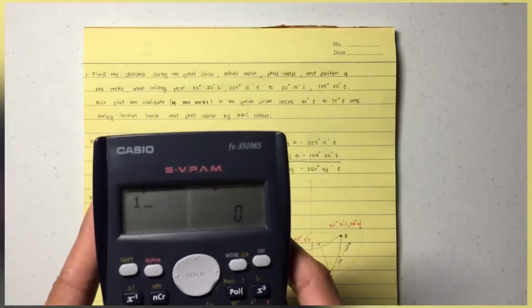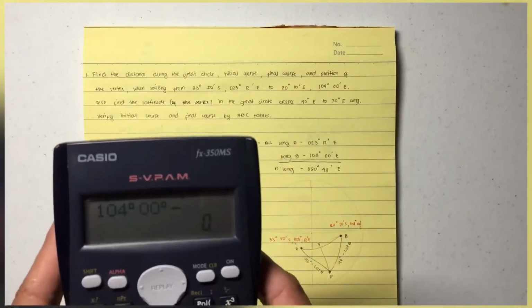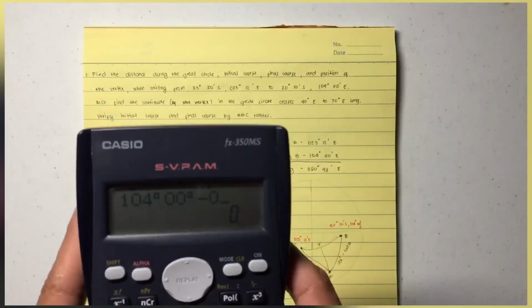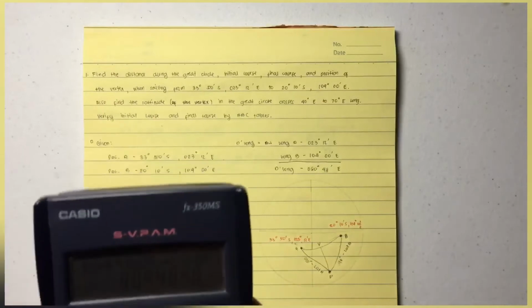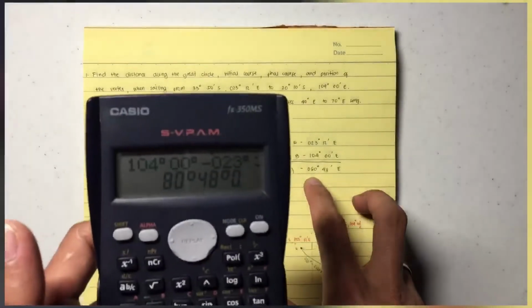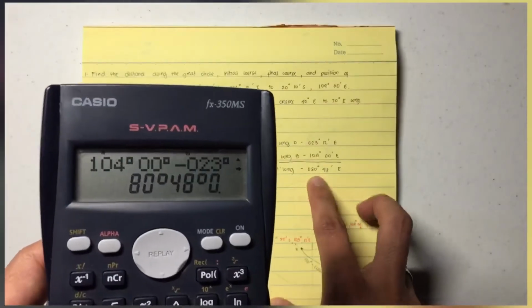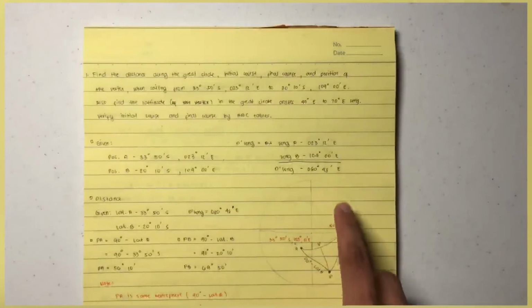Longitude B, which is 104 degrees 00 minutes, subtracted by longitude A, which is 23 degrees 12 minutes. The result is the difference of longitude is 080 degrees 48 minutes and the direction is east.